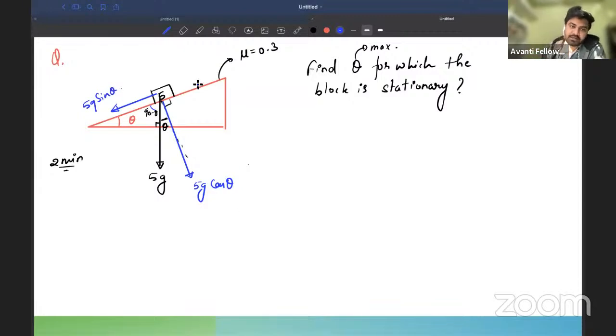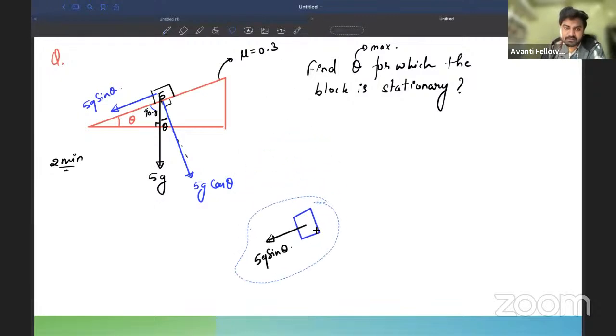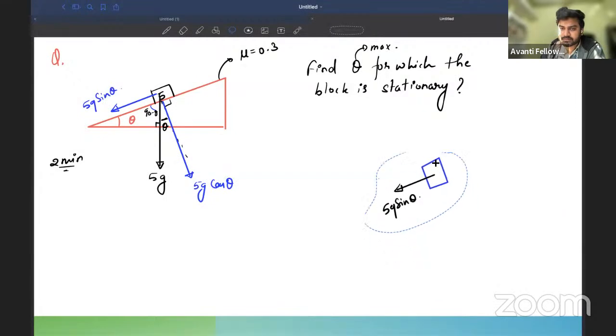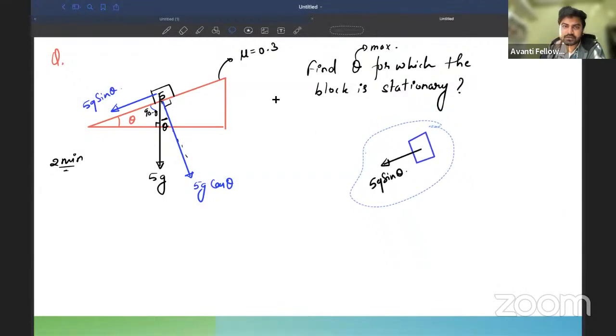So now we have work only for 5g sin theta and 5g cos theta. Okay, let's make the FBD of this block. So one force is acting on this block, that is 5g sin theta, right? Let's keep it a little to the right, here. So 5g sin theta is acting here, and on the down side it is 5g cos theta.